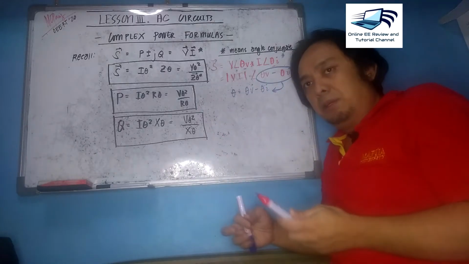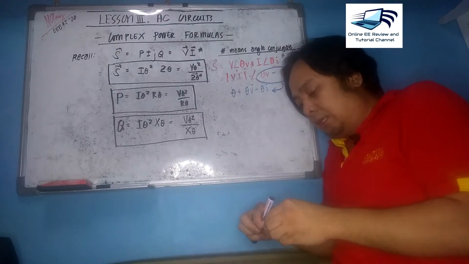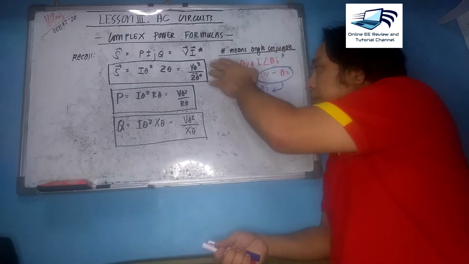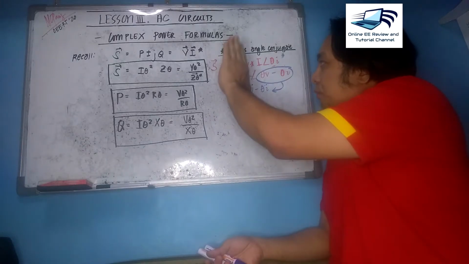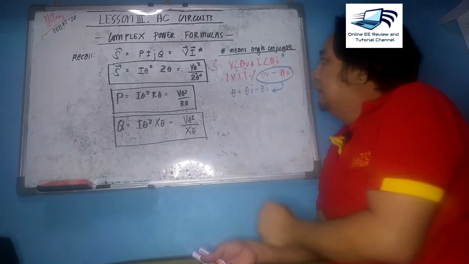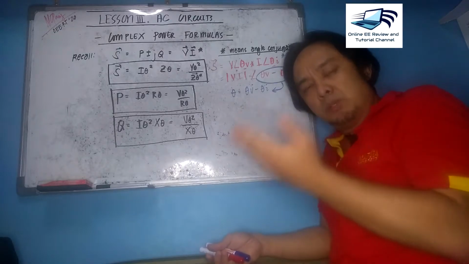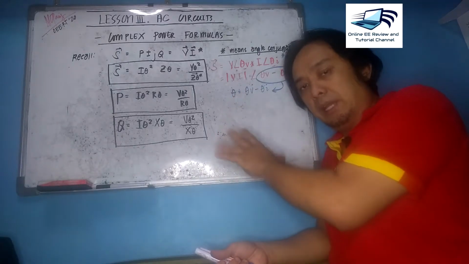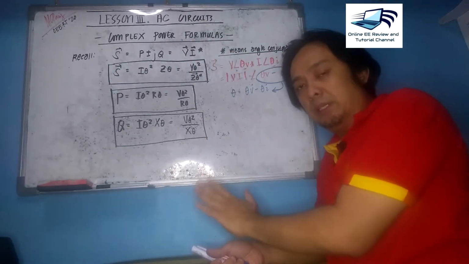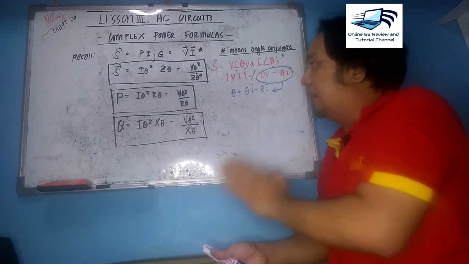That's the meaning of that. You can conjugate the current, or you can conjugate the voltage, but it depends. Here we will use our default as V times I conjugate.